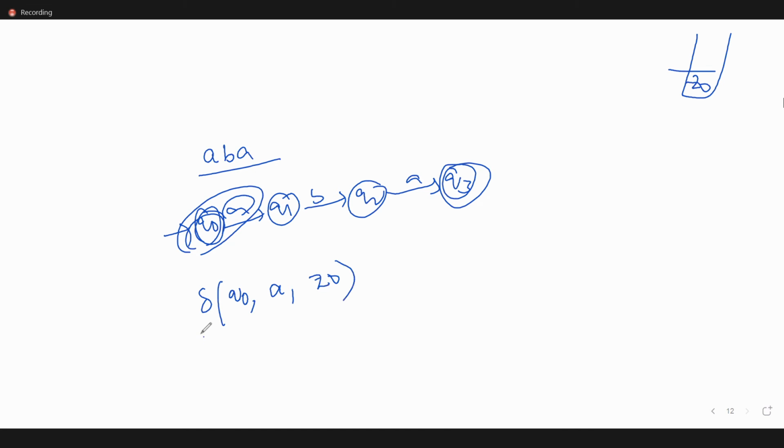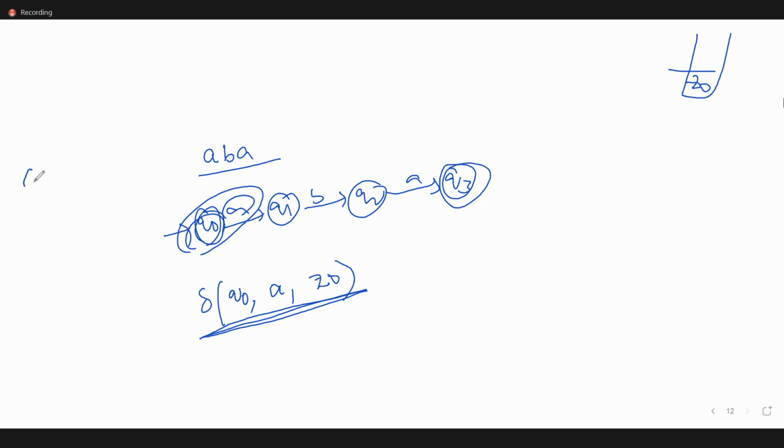Is anybody having a doubt regarding this transition? Yes, somebody has raised a hand. Any doubt? Ma'am, can you repeat? Nothing much. Earlier, how do you write delta?